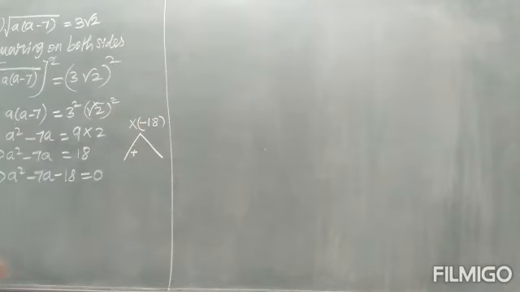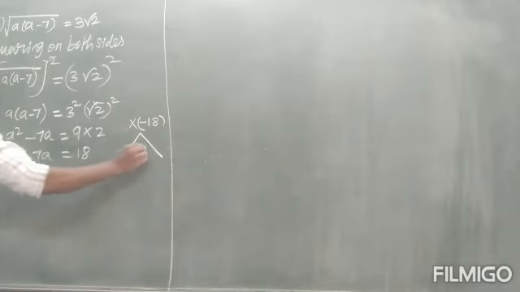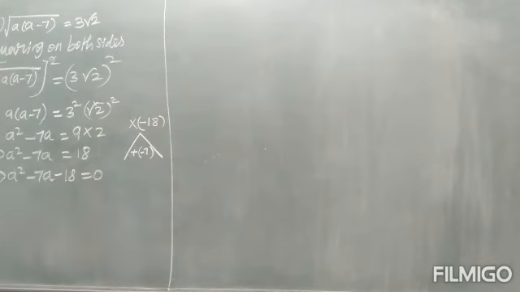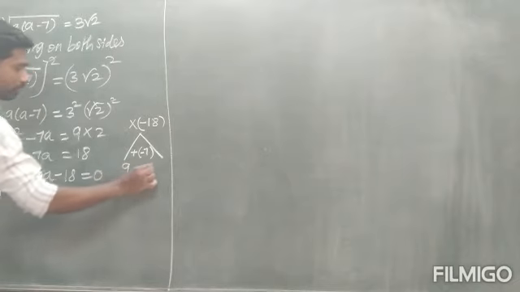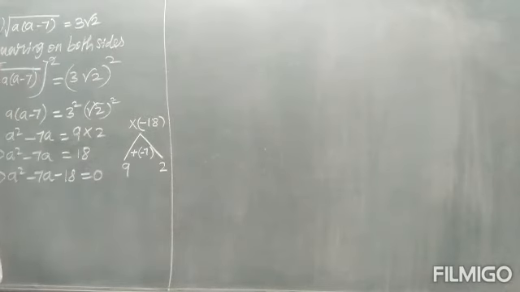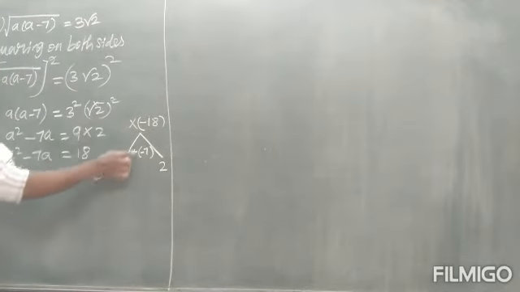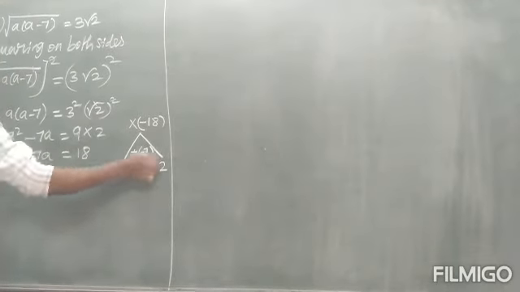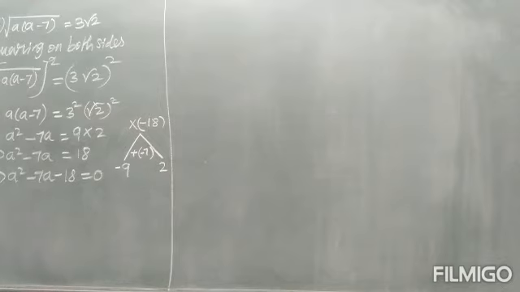The sum of the factors must be minus 7. So what will the factors be? 9 twos are 18 is suitable for that. 9 twos are 18 and the sum is minus 7, so we take minus 9 and plus 2: minus 9 plus 2 gives minus 7, and minus 9 twos are minus 18.